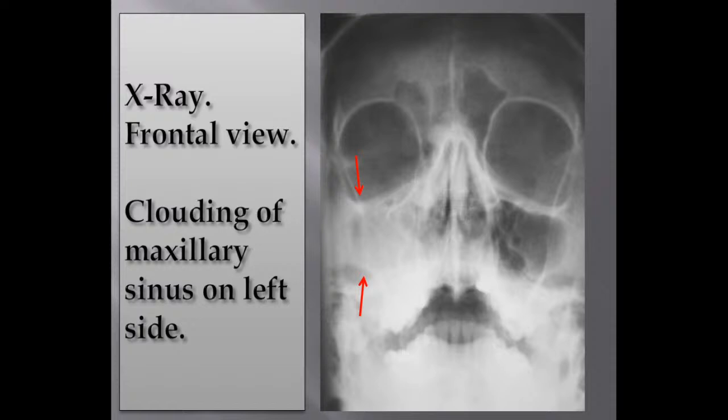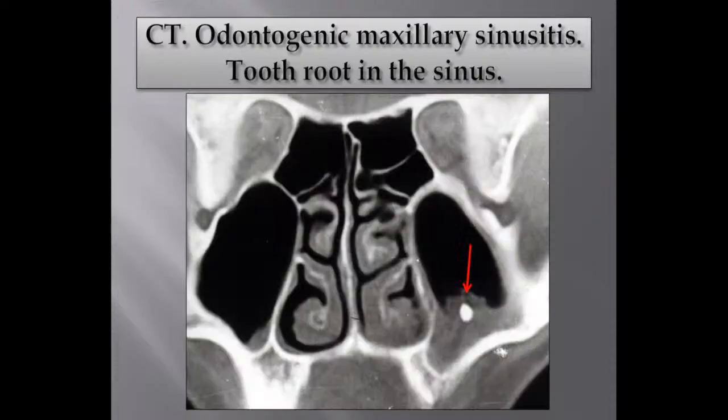In comparison with the right side, we can see that something is wrong with the left side sinus, and we can understand that it's sinusitis. If it's odontogenic, you have to find any damaged tooth or any inflammatory process on a tooth of the upper jaw on this side.